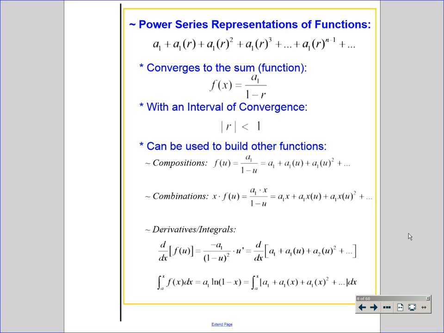Anything of this form does fit, can be represented as, a geo series. Therefore, we can find the sum of it. But remember, this is only the sum over a certain interval of convergence because it's only for limited r's. But then, do you guys see the change in wording?